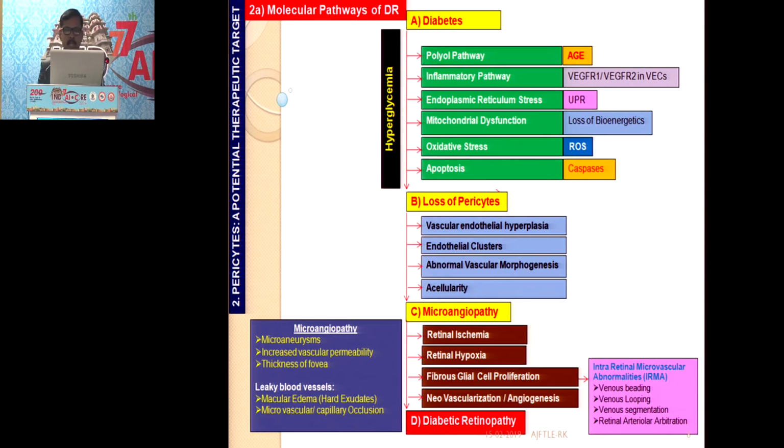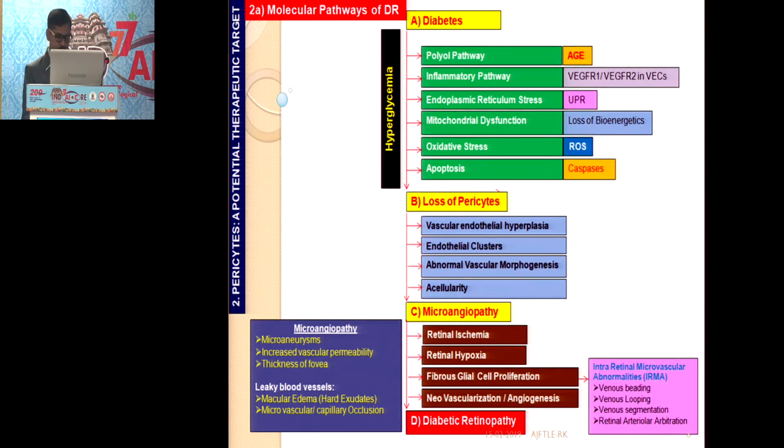As Dr. Kumar Manikavil has explained about different pathways involved in diabetic retinopathy, there are about 48 different pathways. To simplify that, I have taken that hyperglycemia due to diabetes essentially activates half a dozen pathways, like the polyol pathway and inflammatory pathway, leading to apoptosis. Altogether that leads to the loss of pericytes, which is a hallmark of diabetic retinopathy.